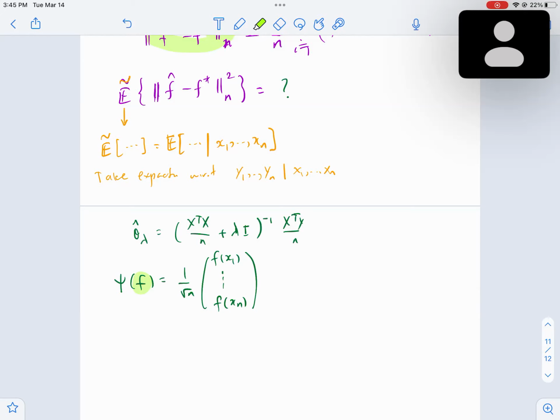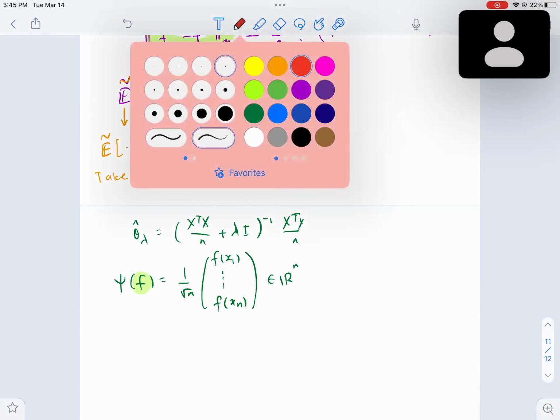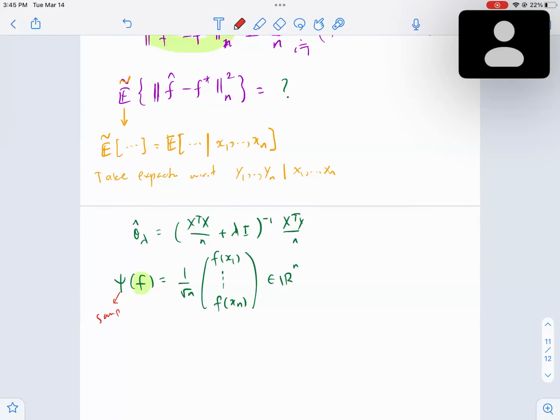So I evaluate the function at the training data and rescale it. I call this the sampling operator. It produces an approximation of the function as a vector, just evaluated at a bunch of points.